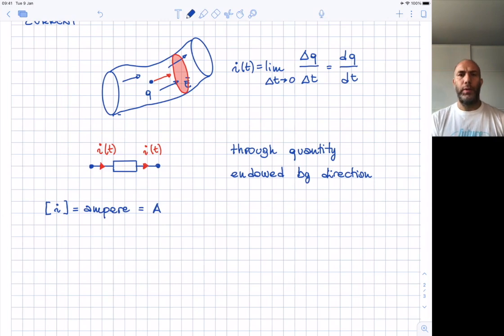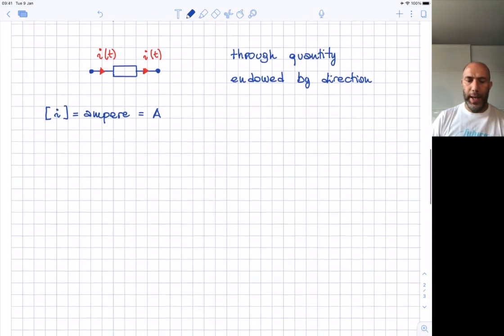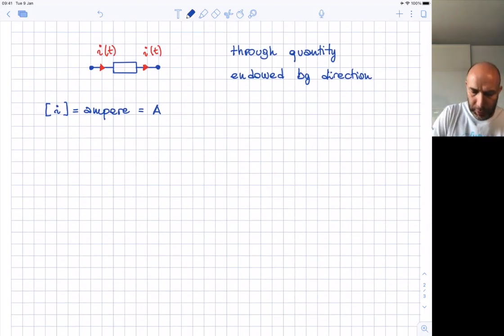If we go back to the concept of the direction of the current, what we can say, for example, is that if for some reason we know that we have a component and we know the current that is flowing through this component, for example, the current that is flowing from the left to the right is 3 amps.